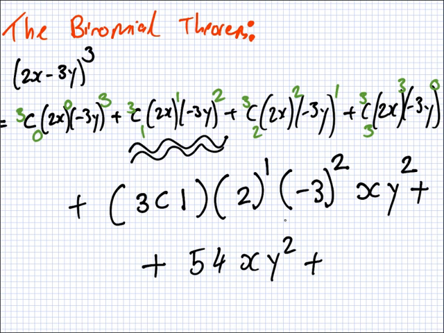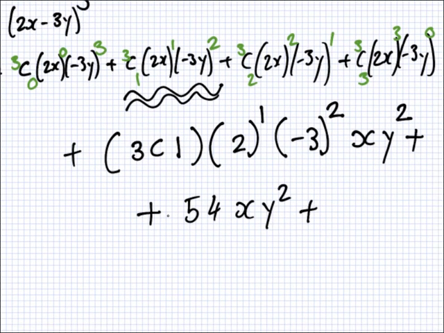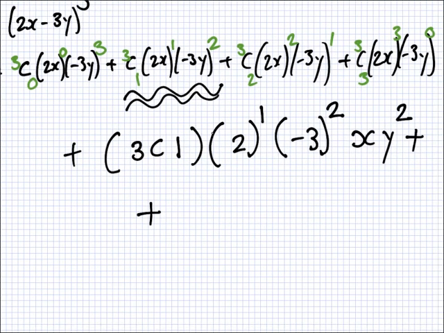Okay, sure, let's finish it now for the other ones since we're looking at it. So the first one works out to be, if you were to type it in, minus 27 y cubed, then 54 x y squared. What's the next one? 2 squared is 4, minus 12. Minus 36? The third one?